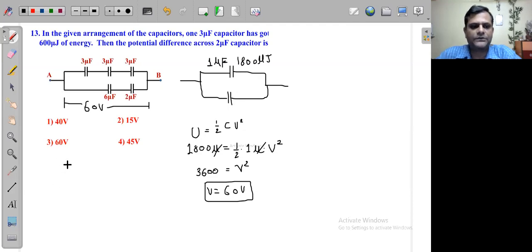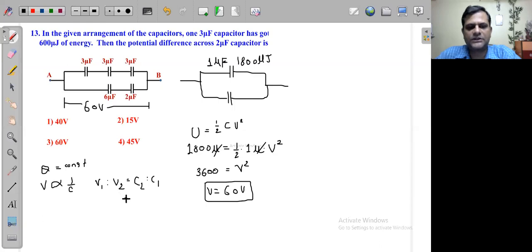Since in the series combination the charge is constant, the potential difference is inversely proportional to the capacitance. Hence V1 is to V2 is equal to C2 upon C1, right?